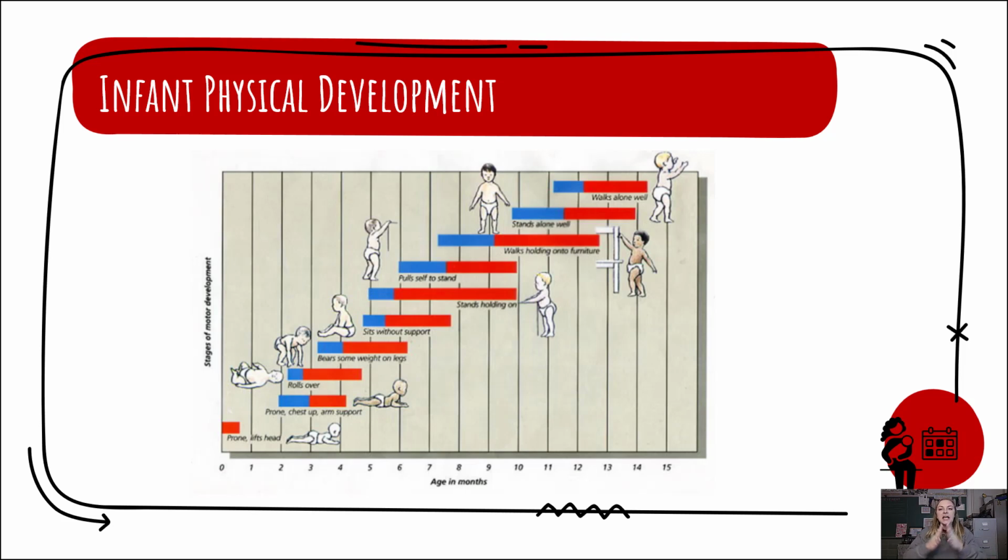However, there is a range that babies should be performing these developmental milestones. If they aren't meeting those stages, then we should be questioning whether or not there's something wrong with that infant. Now, babies will progress through these at their own pace. However, most babies will go through these stages in order.